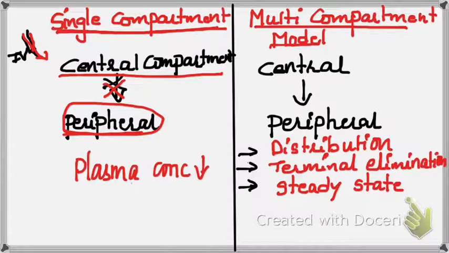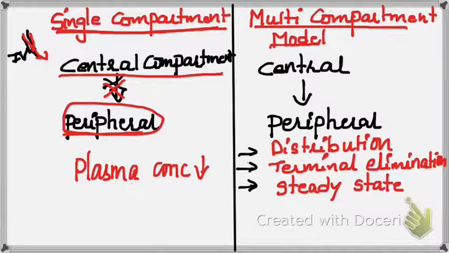model pharmacokinetics. In this, drugs exhibit slower distribution kinetics, which is divided into three phases: distribution phase, terminal elimination phase, and steady state phase. Here, the drug gets distributed between the central and the peripheral compartments.